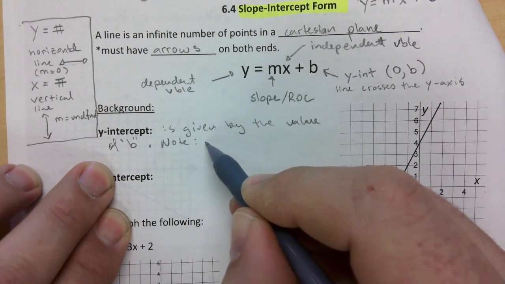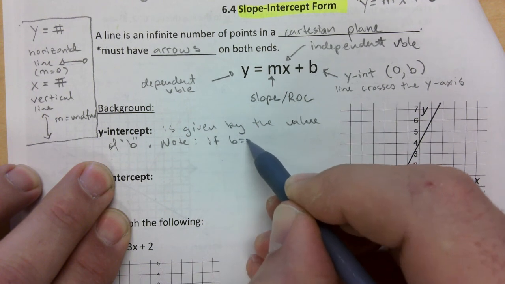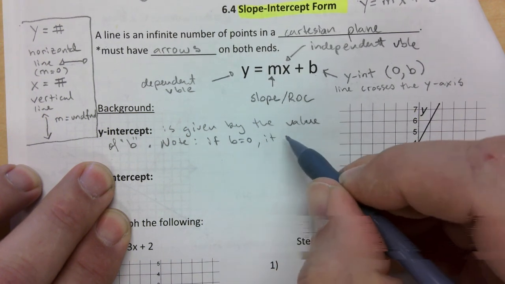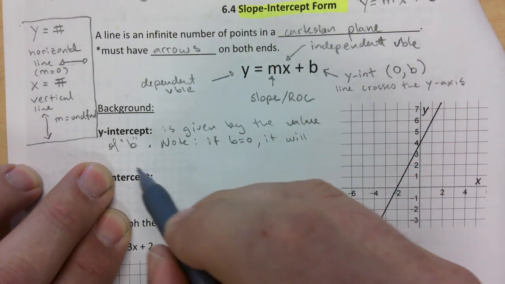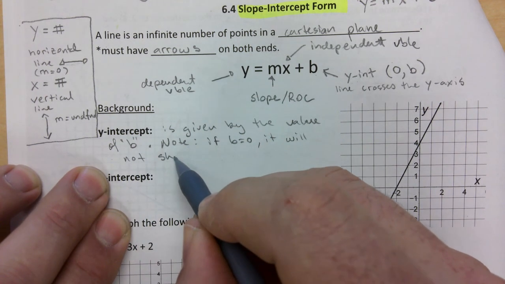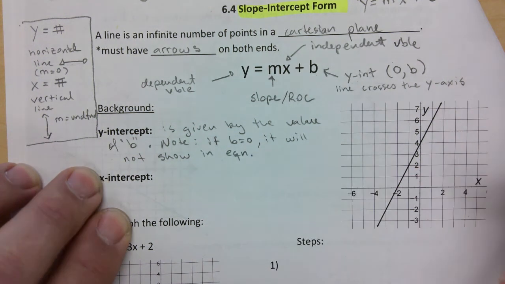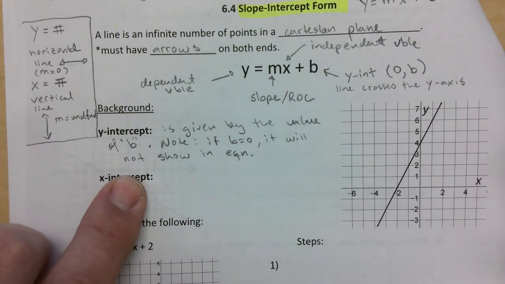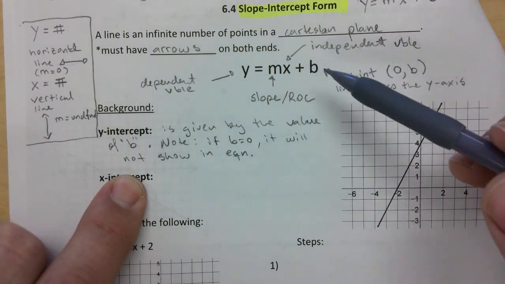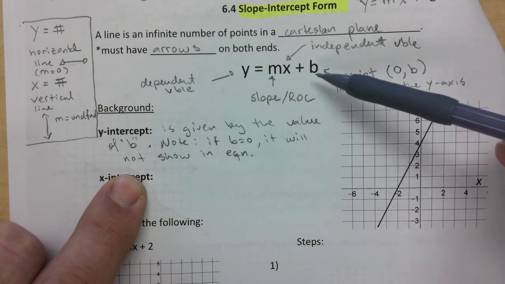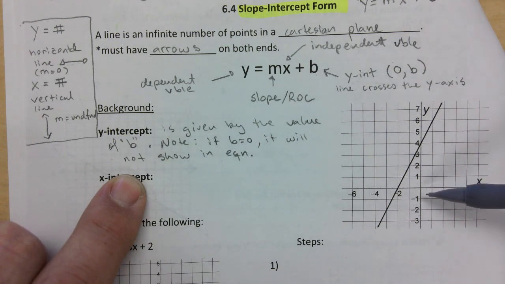Note, if b is equal to 0, it will not show in the equation, okay? If b is equal to 0, some students say, oh, there is no y-intercept. Yes, there is, right? It's just not shown. It's going to go through 0 here, okay?